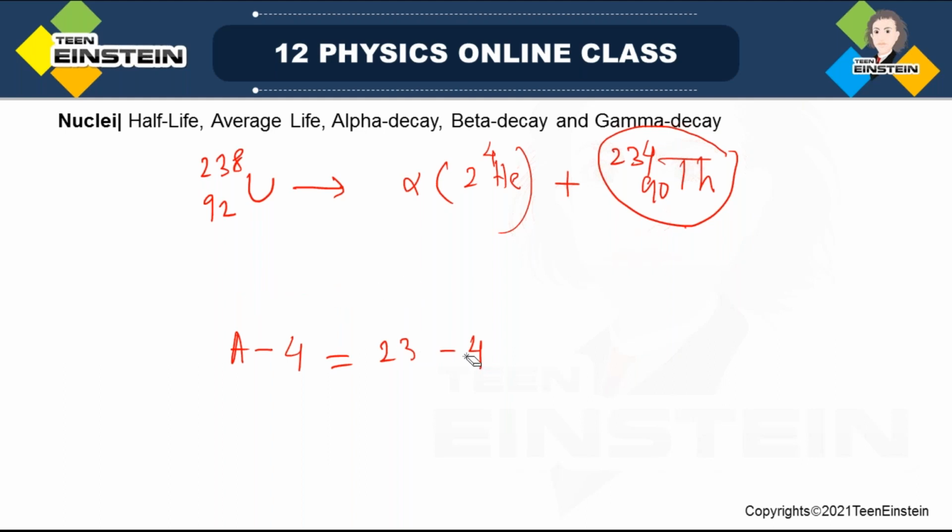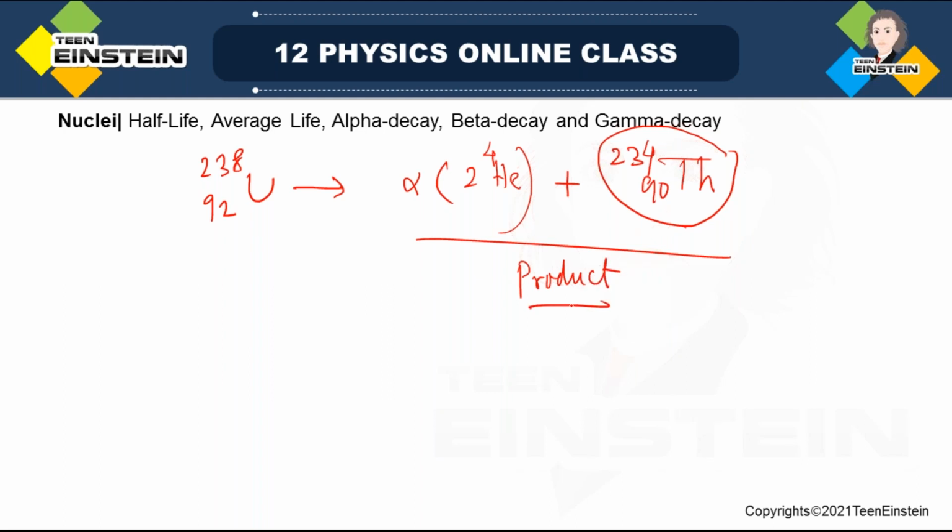When such alpha decay happens, not only does the alpha particle get emitted, but it emits along with the daughter nucleus. Both are called product nuclei. Both of them are emitted with certain kinetic energy.